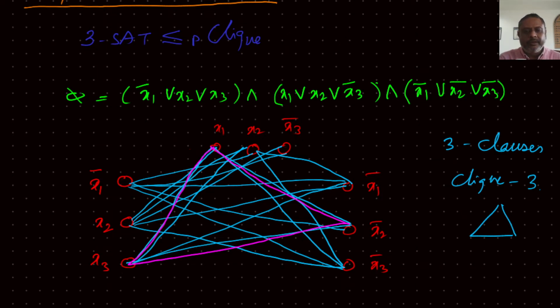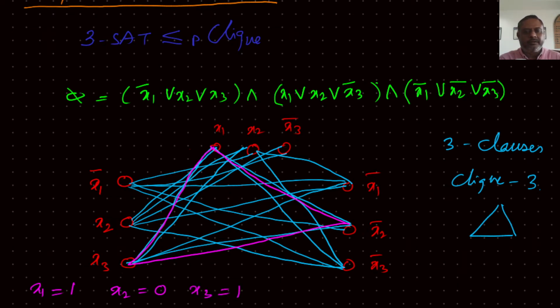So many triangles may be possible. Just by luck we got this triangle. It is saying that x1 is 1, x2 is 0, and x3 is 1.